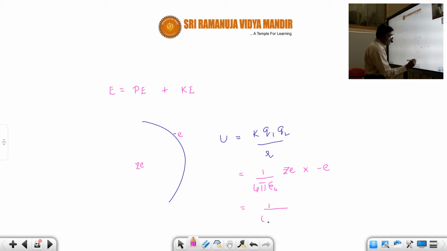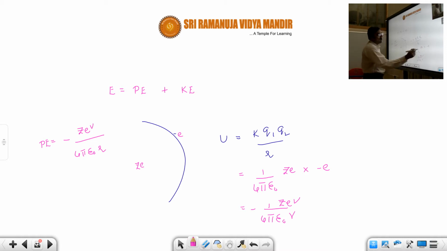It becomes 1 by 4 pi epsilon naught into ZE square minus. So that means potential energy PE is given as minus ZE square by 4 pi epsilon naught into R. Here R is there, I missed it.